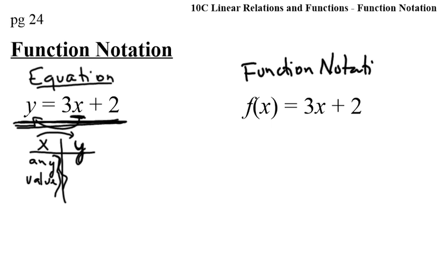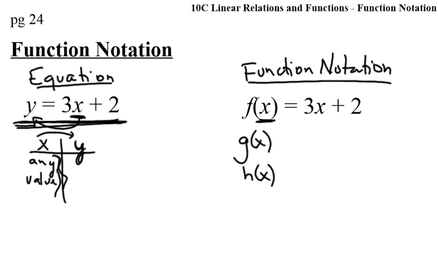But this is referred to as function notation now. Function notation has this function symbol, and it could be anything. It could be g at x, it could be h at x, anything. But the big difference is what's in the brackets is your x value. And it sort of pushes on you what x has to be.